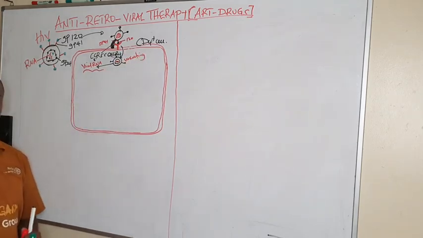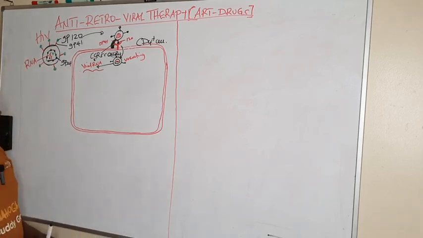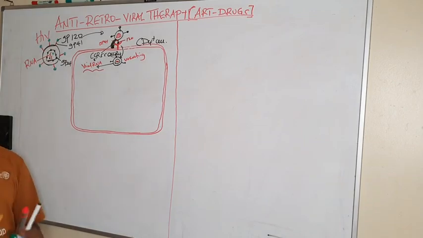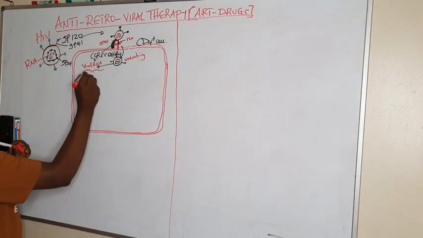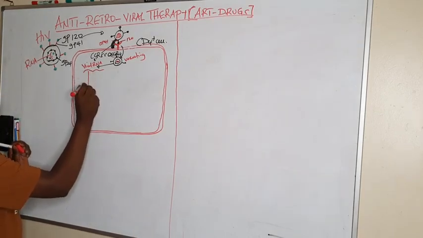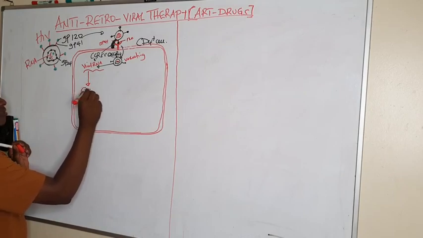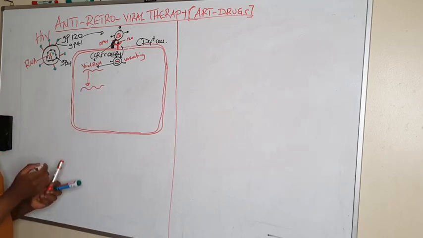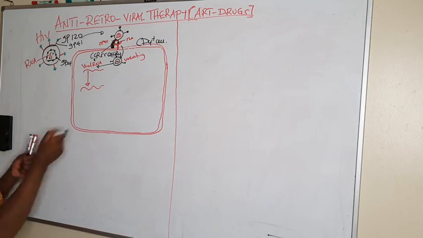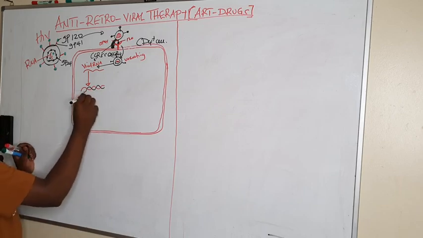Remember, it also had the protease and the integrase enzyme. So after being released, we have to first convert it into the DNA. So how do we convert it? We are going to see viral RNA being converted to DNA, whereby we use the viral RNA as the template to form the viral DNA.